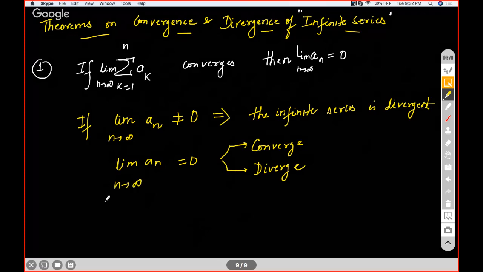So if your limit of an as n tends to infinity is 0, you cannot say that my series will also be converging. Harmonic series was a very good example of this, where 1 by n as n tends to infinity was 0, but still the series was divergent.